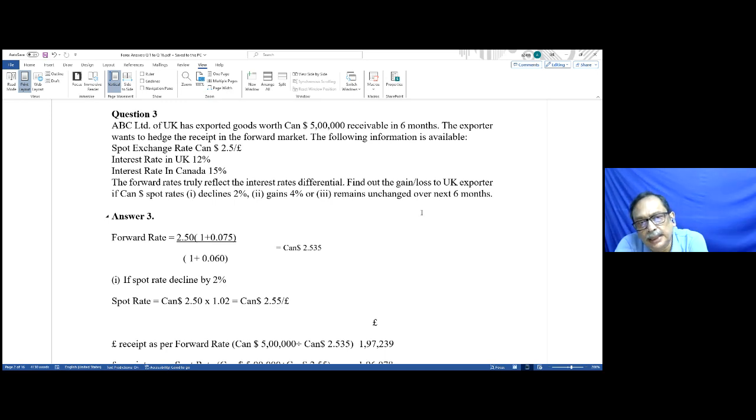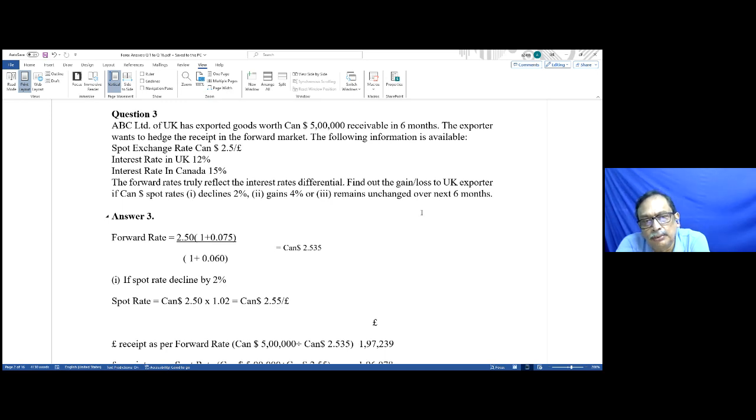Spot exchange rate is Canadian dollar 2.5 as compared to sterling pound, that is UK pound. Interest rate in UK is 12% and interest rate in Canada is 15%.